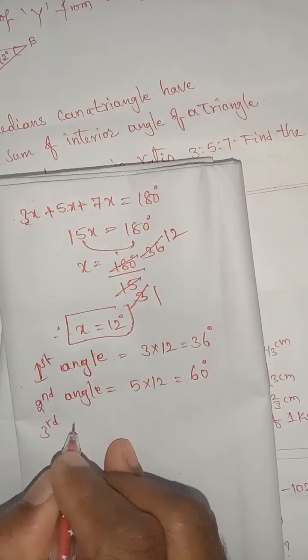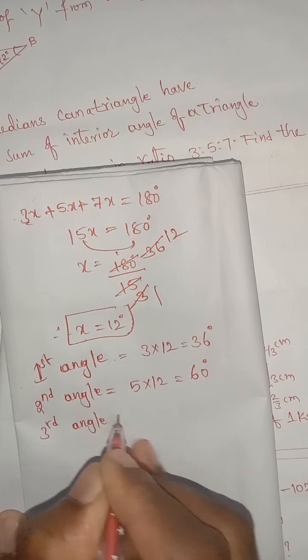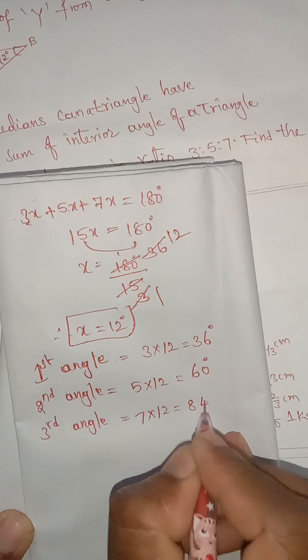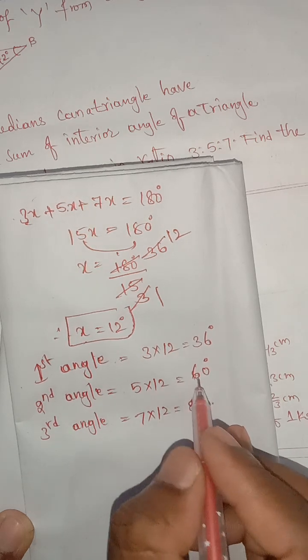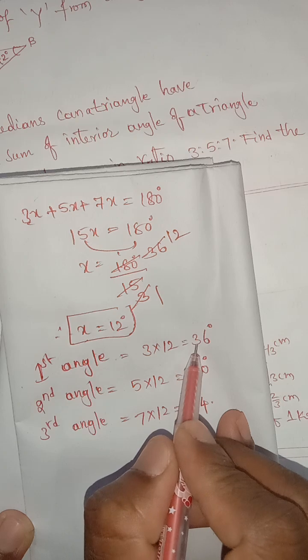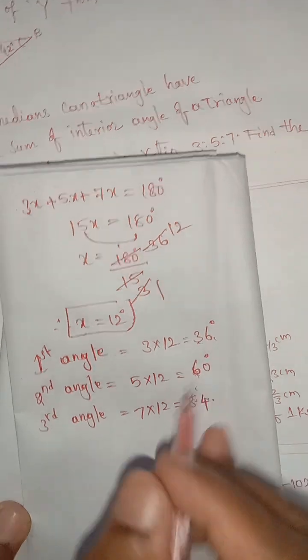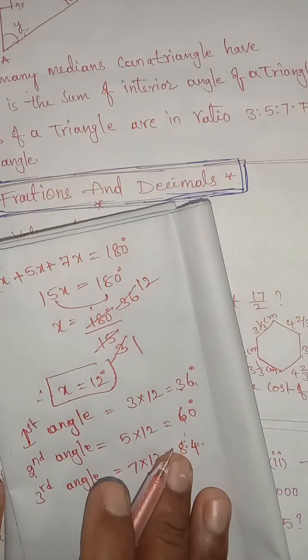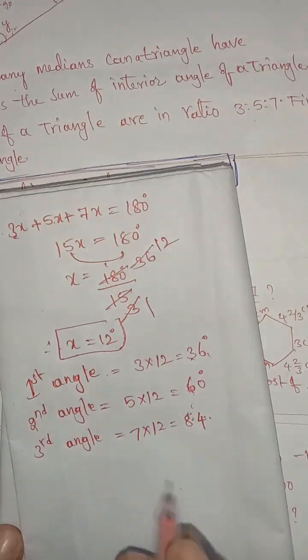The third angle is 7 into 12, which is 84 degrees. Checking: 84 plus 60 is 144, plus 36 is 180. So the sum of all angles equals 180 degrees. Triangles and their properties, 3 questions over.